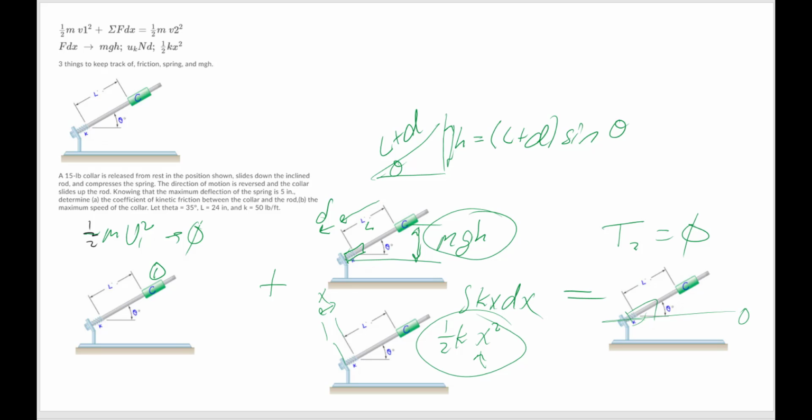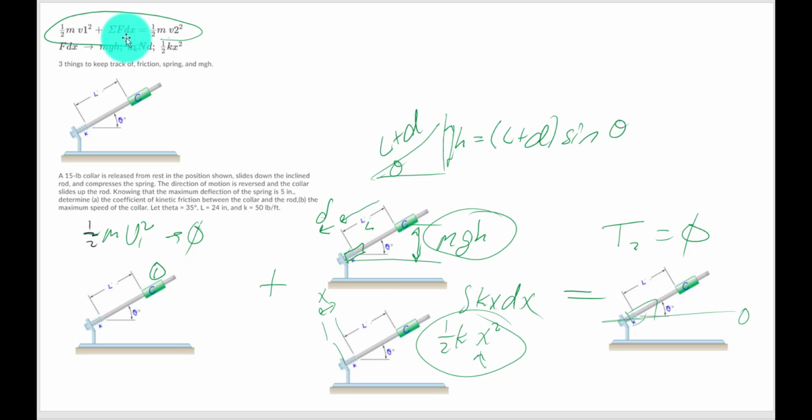So for any of these energy balance problems, the point is there's a giant summation sign on that FDX. So any force through a distance, whether it's MGH or a spring force, you just keep adding it together, add it together, add it together.